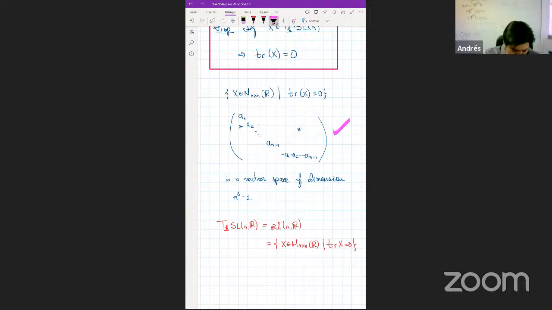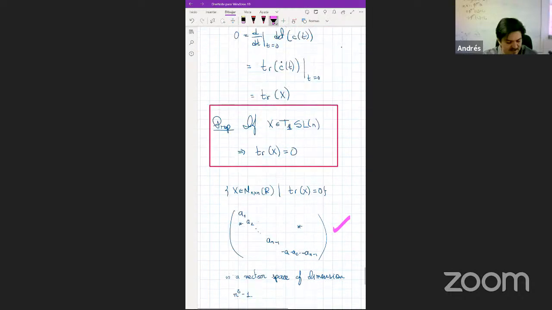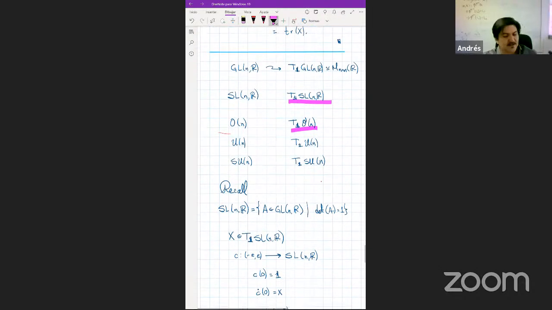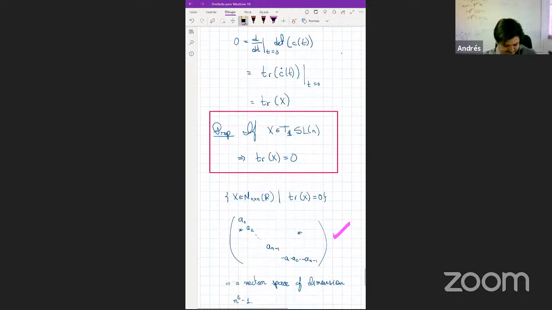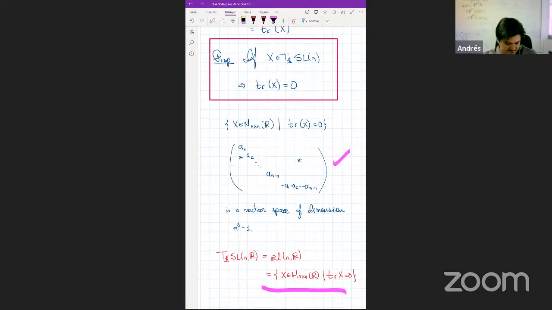And exactly this description is what I meant when I wrote this. We will describe each one of these vector spaces as a subset of matrices with some property. We will have a complete description of those. Okay, so check the notes.